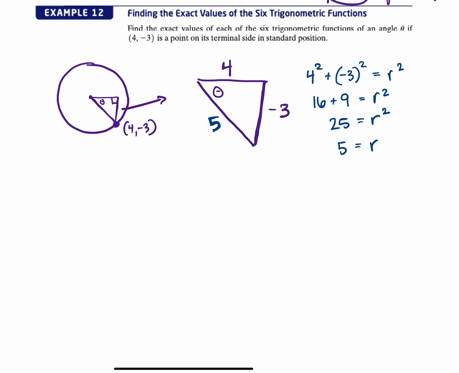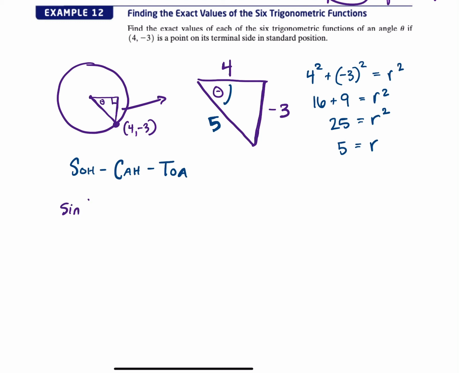So we have our 3 lengths of the triangle. It's a 3, 4, 5 triangle in a way. So let's just use SOHCAHTOA to list out the values. Remember, sine is opposite over hypotenuse, cosine is adjacent over hypotenuse, tangent is opposite over adjacent. So let's just list it out.